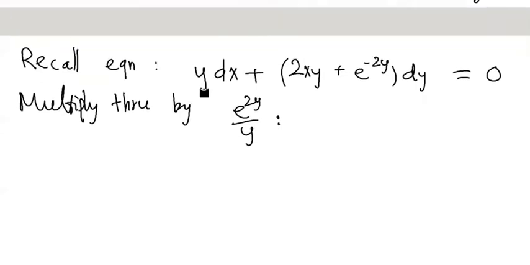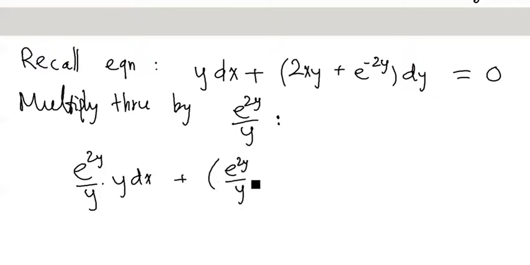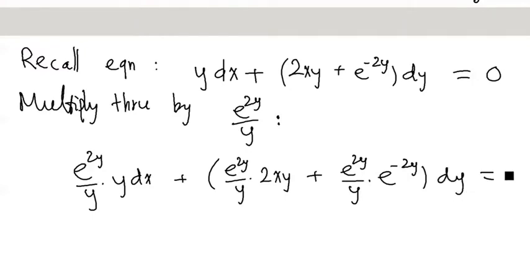So every term here will get multiplied by that factor. The first one will be, we'll just rewrite this e to the 2y over y, and then we multiply by y dx. Then e to the 2y over y times 2xy, and then e to the 2y over y times e to the minus 2y dy is 0.